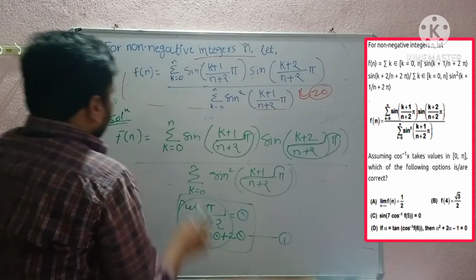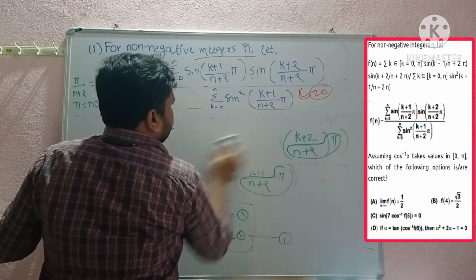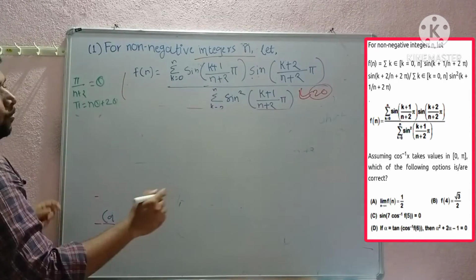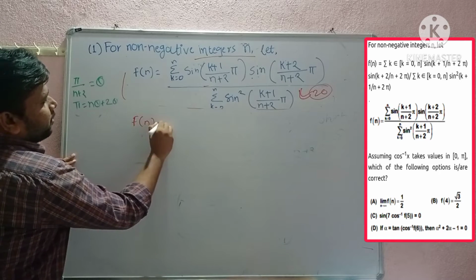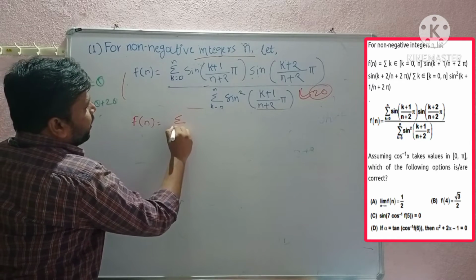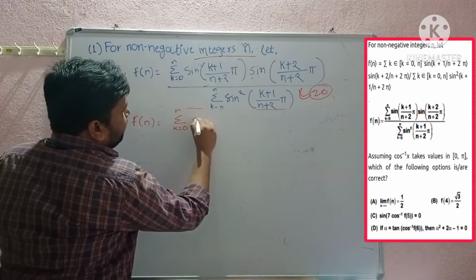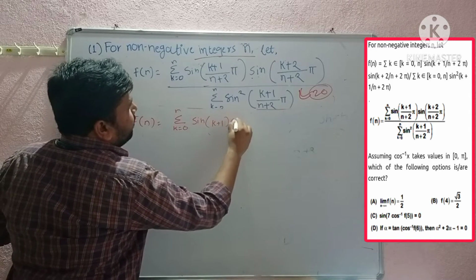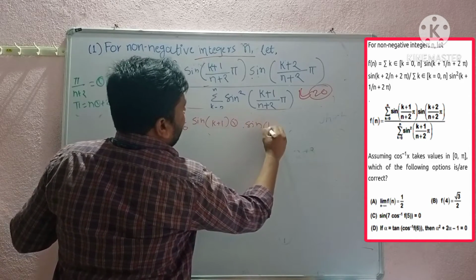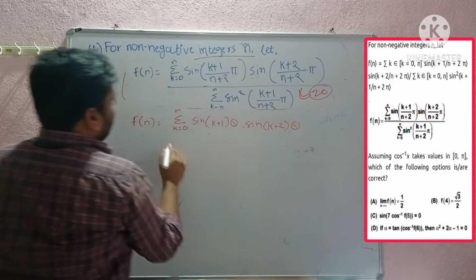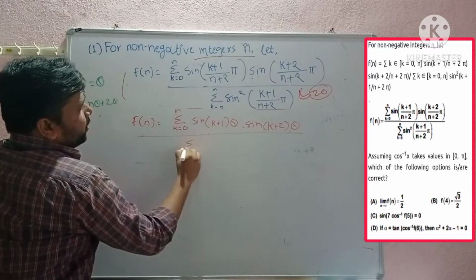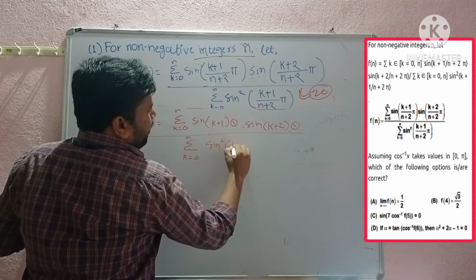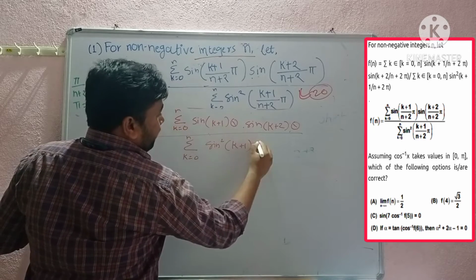Now f of n becomes f of n is equal to sigma k is equal to 0 to n sine (k plus 1) theta into sine (k plus 2) theta divided by summation k is equal to 0 to n sine square (k plus 1) theta.